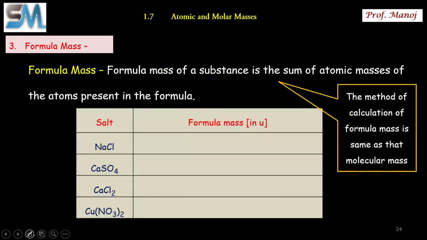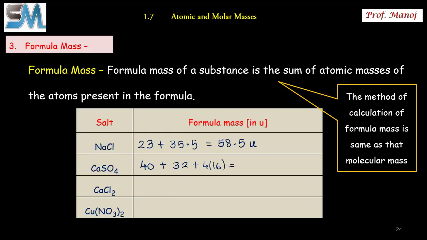So let us try our examples again. Sodium 23, chlorine 35.5. So the answer I am writing will be 58.5. Correct? We will keep it for simplicity here in U only, nothing else. Next, calcium 40, sulfur 32, oxygen 4 into 16, that's 64.